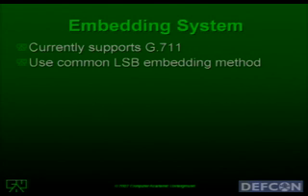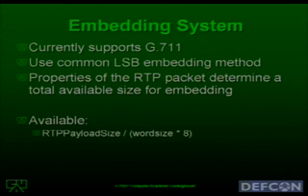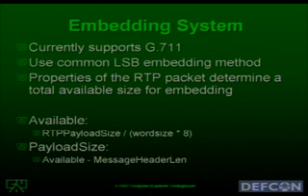I'm using the common least significant bit embedding method. The properties of the RTP packet tell you what your total available size is for embedding based on the codec and things like that. It's essentially the payload size divided by the word size times 8. Since I'm using a single bit, I need 8 bits to embed 1 byte of data.